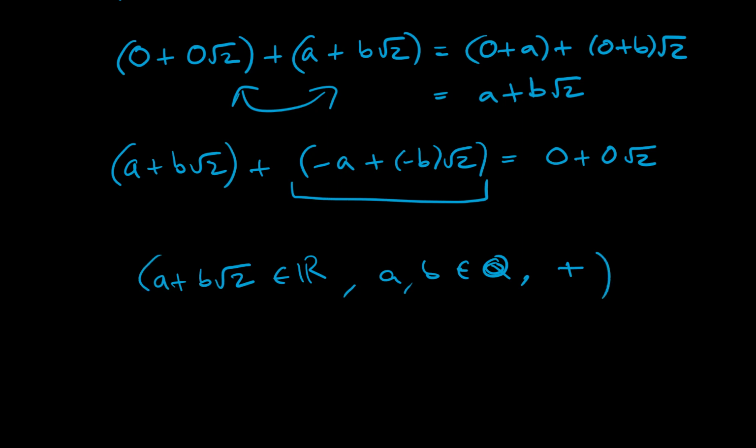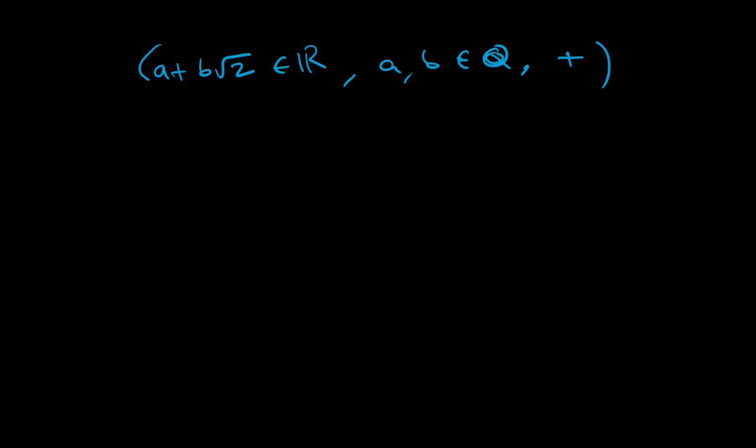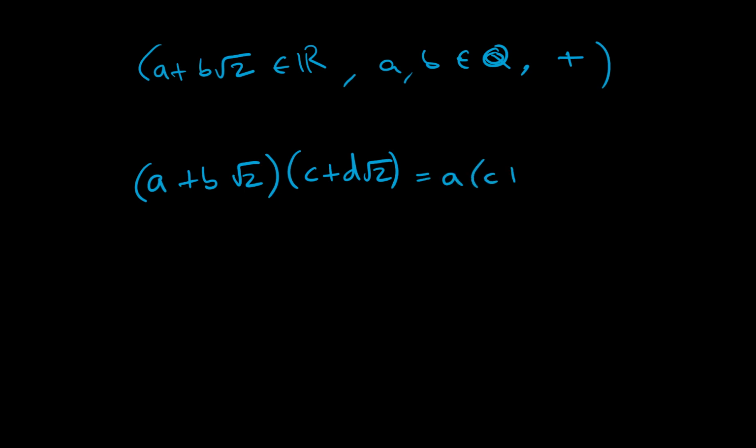The second part, we want to talk about multiplication, and we're only restricting ourselves to the non-zero elements of this set. So we won't be considering this element here as part of it. To test what that multiplication is going to look like, take a plus b root 2 and do the usual multiplication, expanding the brackets. So that's a times c plus d root 2 plus b root 2 times c plus d root 2.